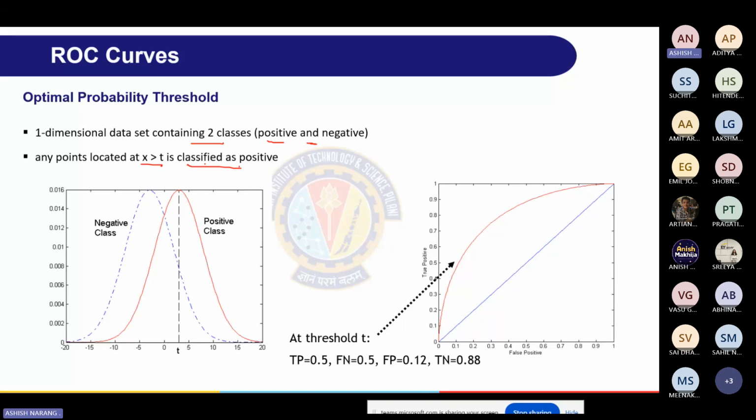Now, second thing, if you look at this, on one side you have the false positive rate, and on the other side you have the true positive rate. This is a random line. You are increasing TPR, you are also increasing FPR. So this is a random model, right? We want to be better than this random model. So this curve, the red one, is going to be better because it is more towards this point.